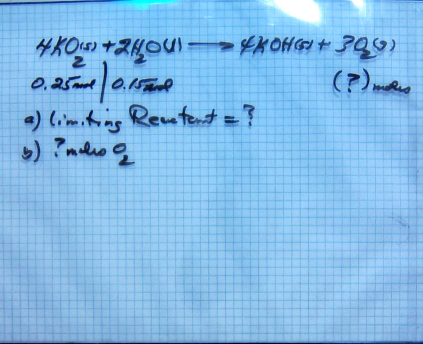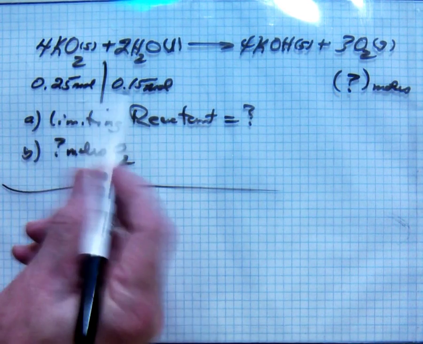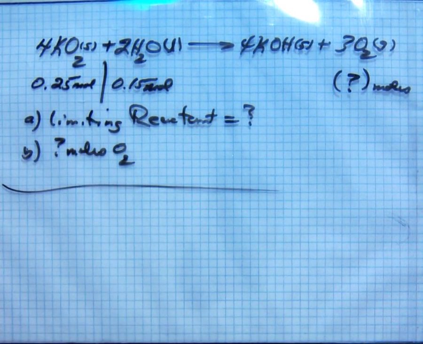Meaning the one that goes away first will stop the reaction. The other one will be in excess by the amount used relative to the moles and coefficients. Now I'm going to give you my method here. Once you're in moles, divide by the coefficient.